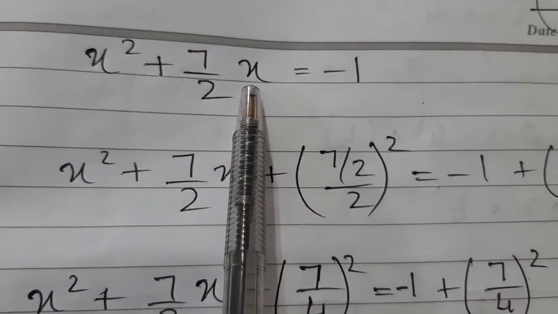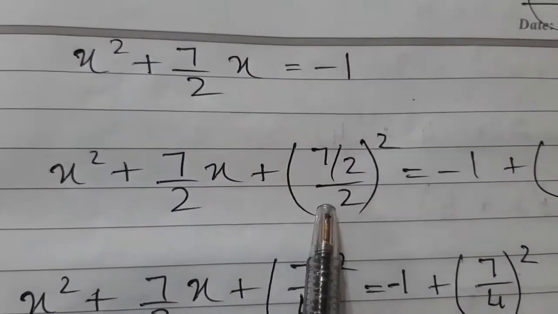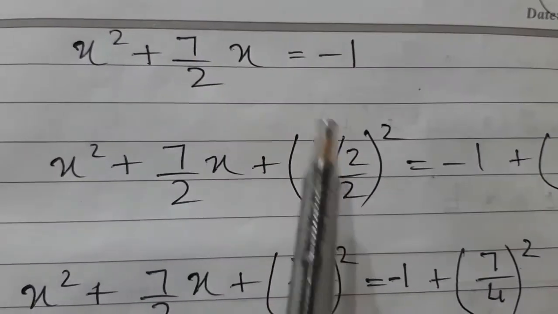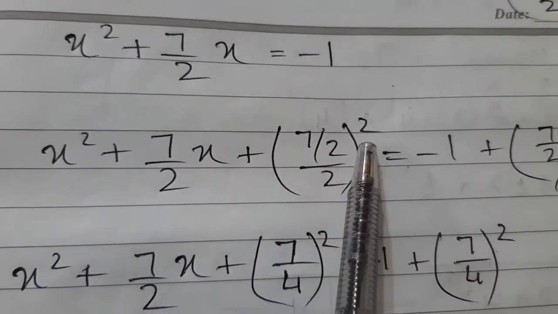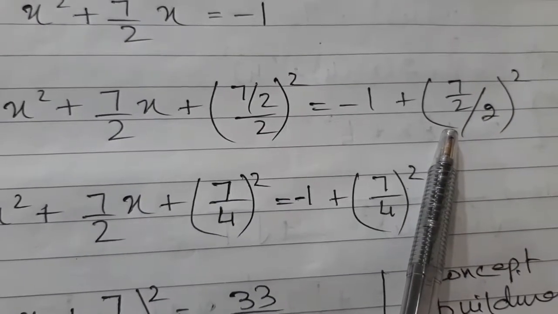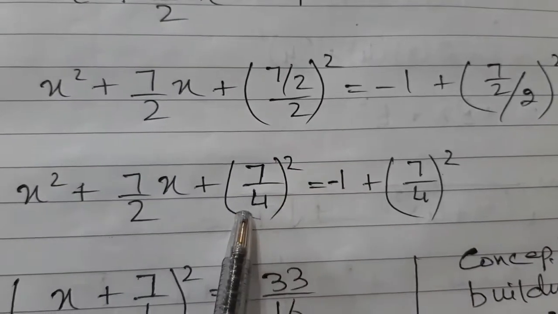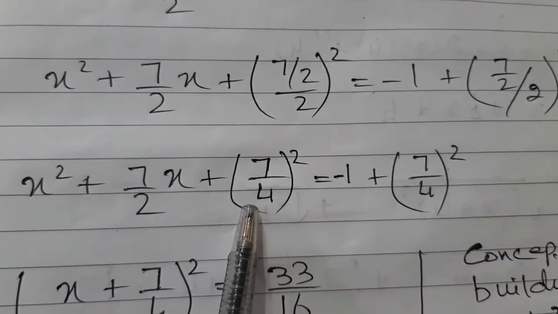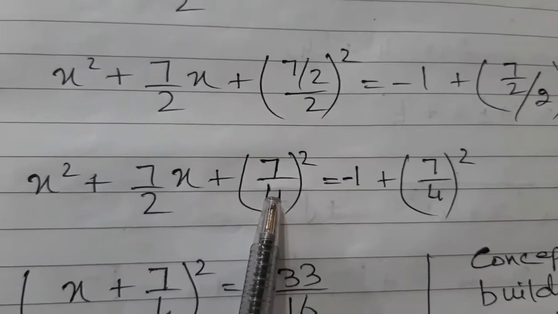The coefficient of x is 7 over 2. And I told you the term you will add is the coefficient of x, here it is, divided by 2 and square the whole thing. The same thing I will add on the other side to keep the balance of the equation. Now 7 over 2 divided by 2 will become 7 over 4. Right? Now the question always is how? So let's see here.